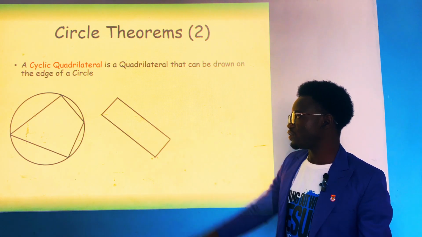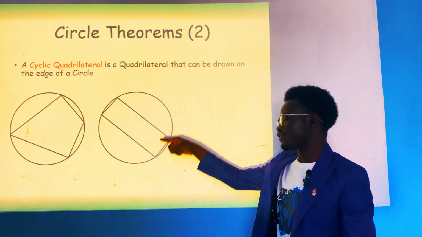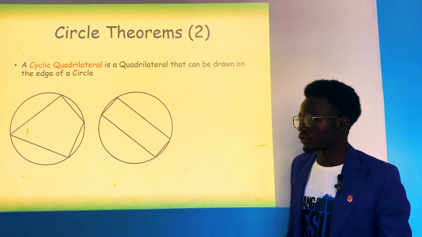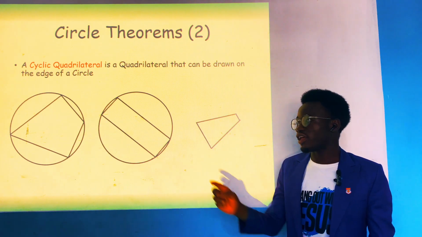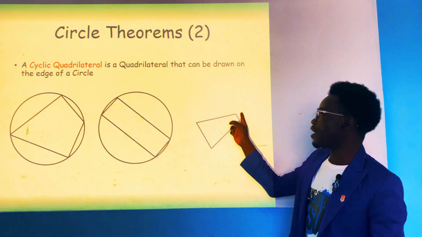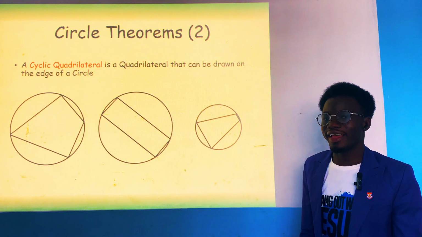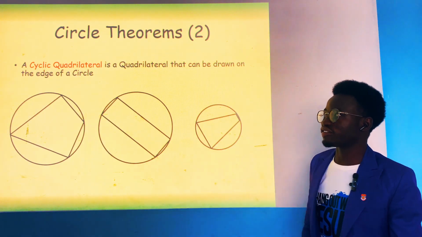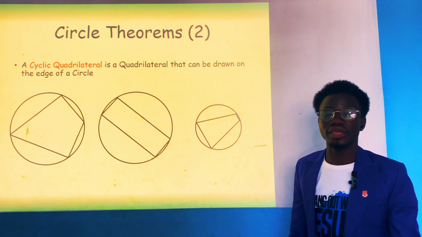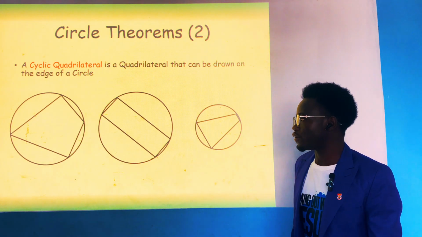This is another one. If I have a circle around it, it is also a cyclic quadrilateral. It doesn't matter. Once it's a quadrilateral, a four-sided plane figure, and we have a circle around it, then it's called a cyclic quadrilateral. This is just to form the concept of what we mean when we hear cyclic quadrilateral.